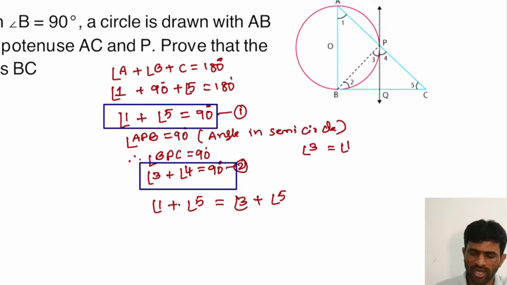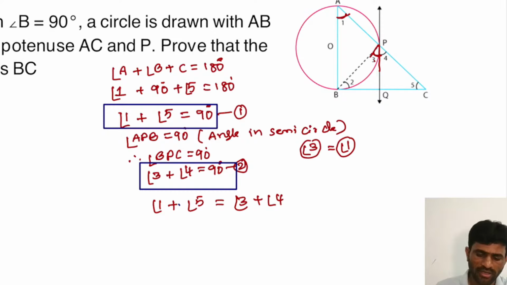Why are angle 3 and angle 1 equal? By alternate segment theorem, the angle between tangent and the chord is equal to the angle in the alternate segment. So angle 3 is equal to angle 1. Here I wrote wrong. This is not 5, this is 4.